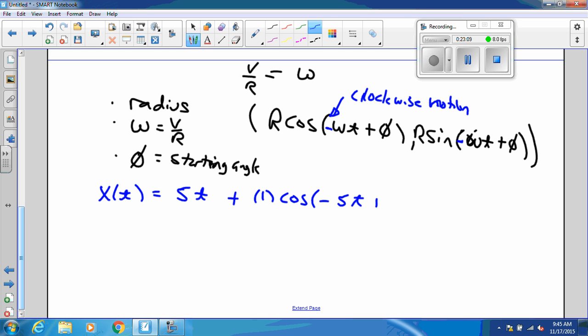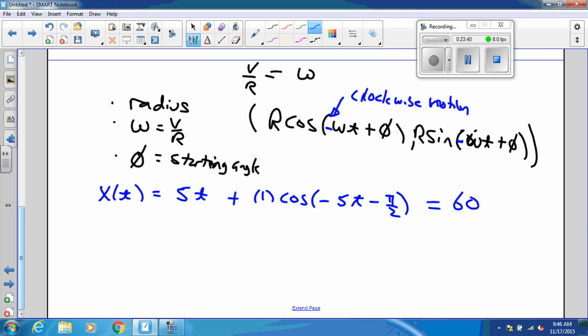So that would actually be 5t minus pi over 2. And in order for the robot to win the race or to finish the race, that position has to be equal to 60. And so now we have an equation we can solve. The Newton's method part is easy. It was the setting it up that was the tricky part.